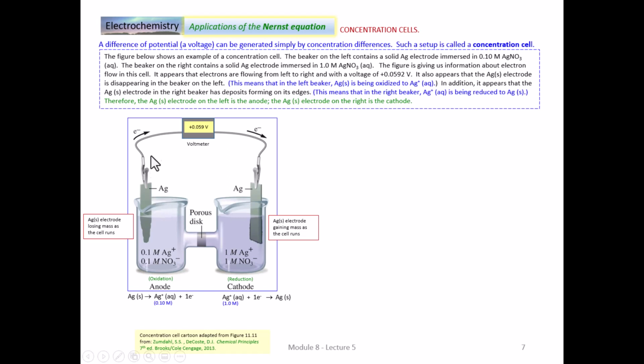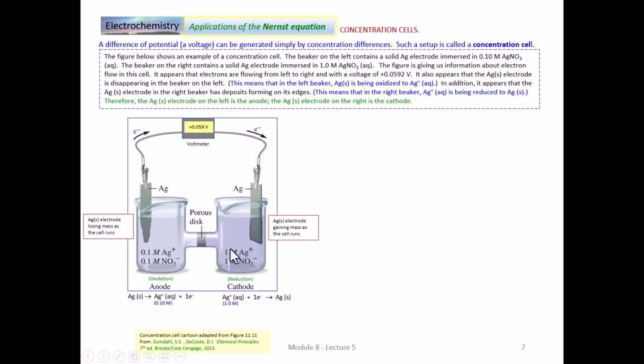And the reaction that's going on here, or the electron flow, is spontaneous because the voltmeter is reading a positive voltage. So there seems to be a driving force for electrons to flow from the left beaker to the right beaker, even though both electrodes are made out of the same metal.